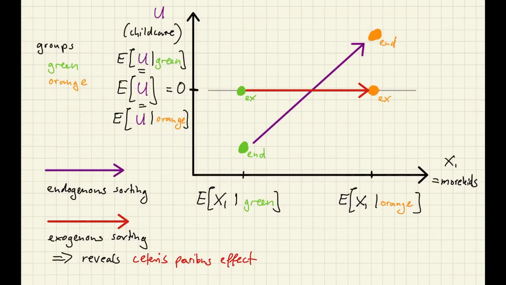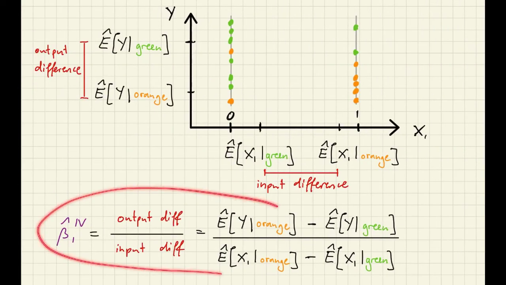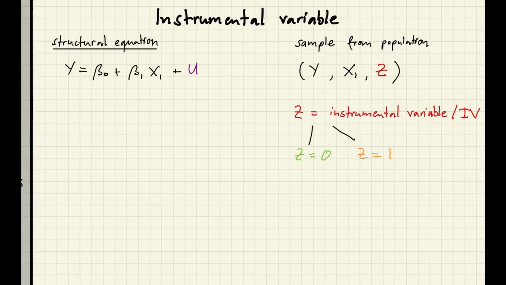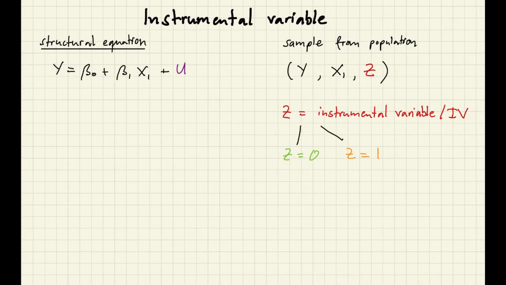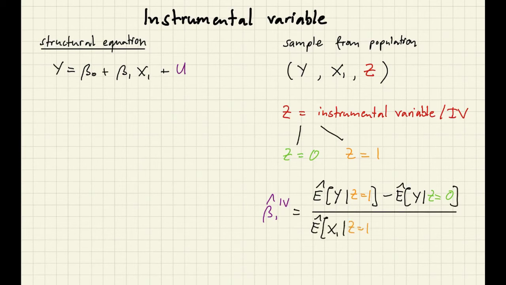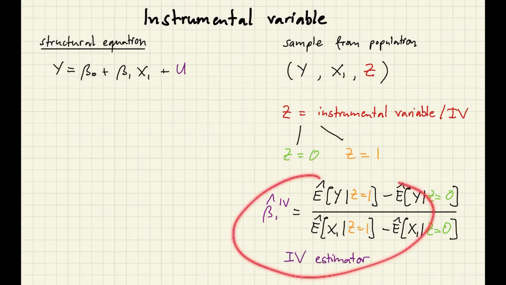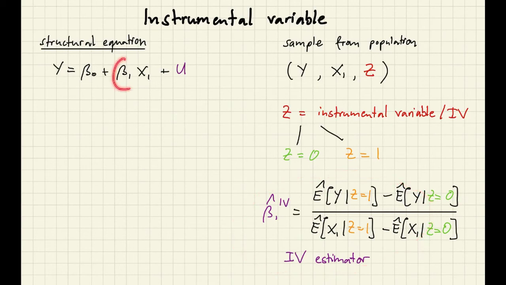Based on these two groups, we can compute our sorting estimator. This estimator is called the IV estimator. Our hope is that the IV estimator estimates our parameter of interest beta 1. For the IV estimator to work as desired, two assumptions have to be satisfied.